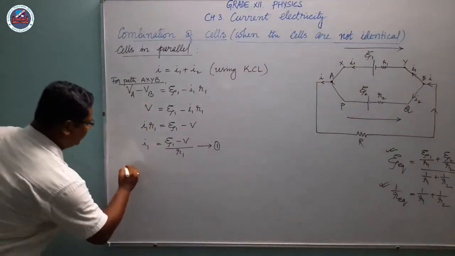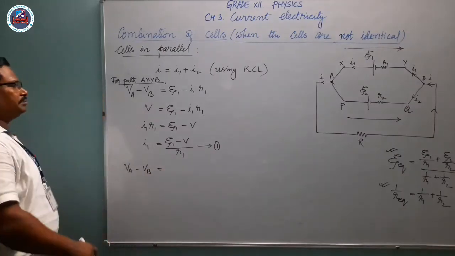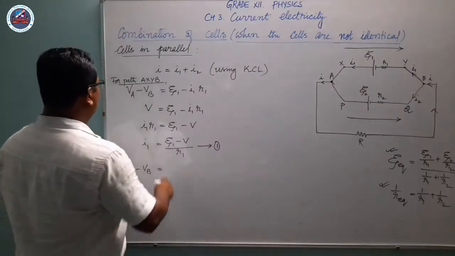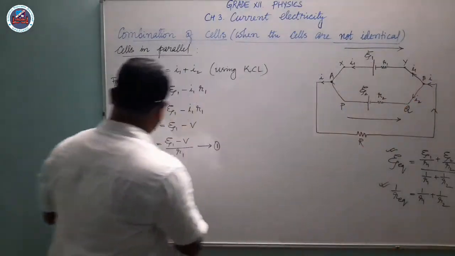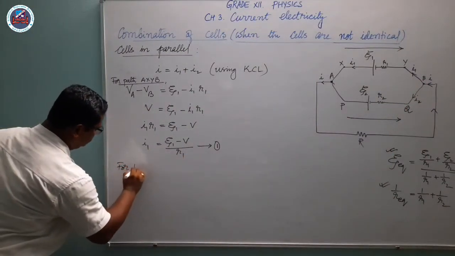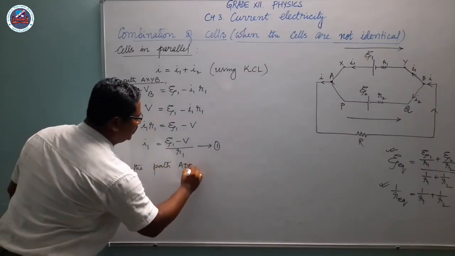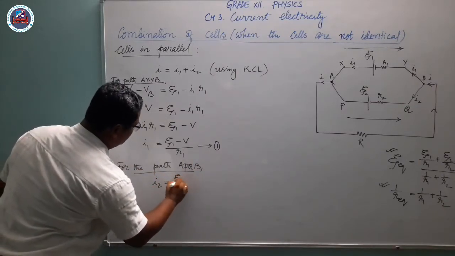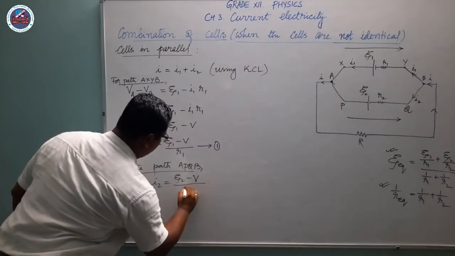So now I write VA minus VB is equal to, here also the same story. So directly you can write for the path APQB, I get the same thing: I2 is equal to epsilon 2 minus the potential V divided by R2.